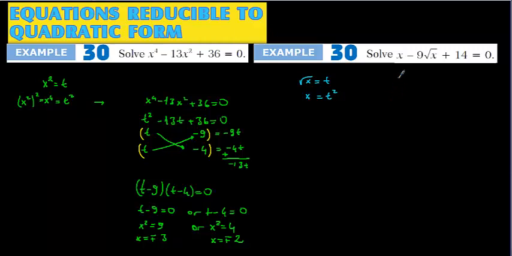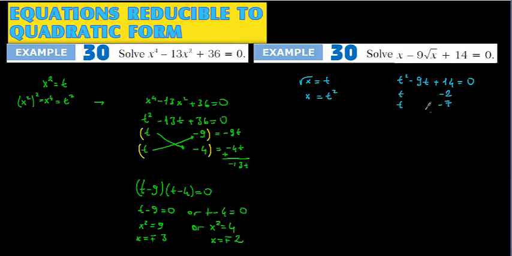Then I'm rewriting the equation again: t squared minus 9t plus 14 is equal to 0. This is a quadratic equation. 14 is equal to 2 times 7, and 2 plus 7 is equal to 9, so we use minus 2 and minus 7.